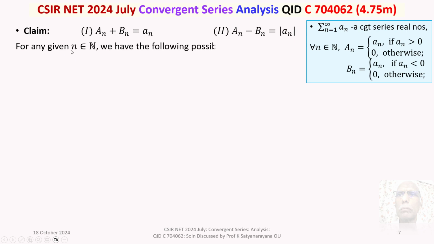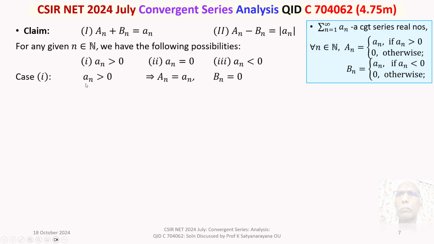For any given n belongs to N, we have the following possibilities for small a n. 1. a n is positive. 2. a n is 0. 3. a n is negative. Case 1. a n is positive. Then by definition, capital A n is a n and capital B n is 0 because a n is positive.